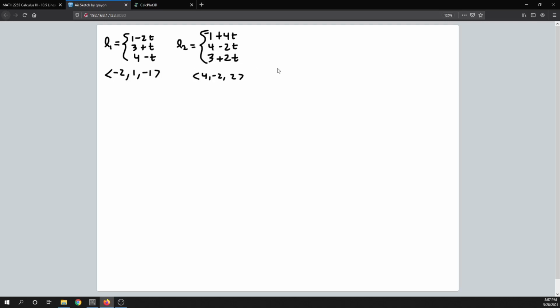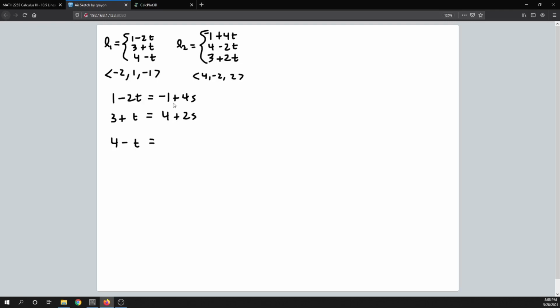So what I can do is just set up a system of equations like I did before. And remember, you can't use the same parameter t on both sides. So just change the parameter to a different letter.